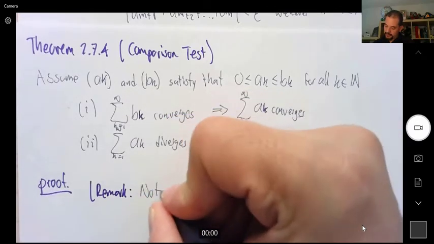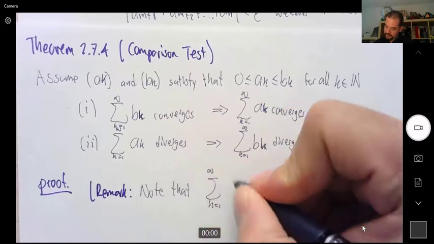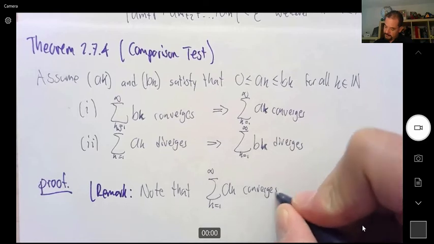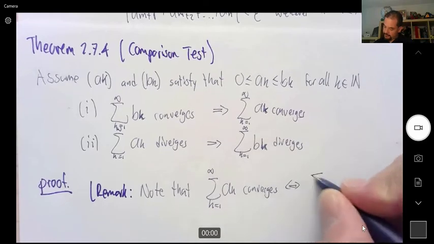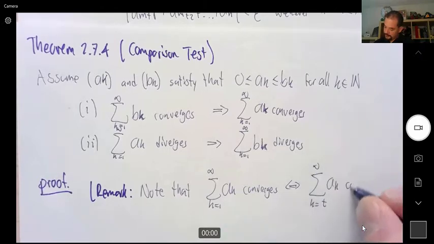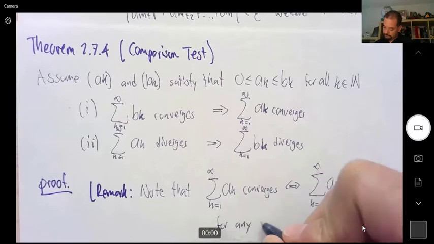Note that the series from this converges if and only if the series starting wherever you want, at t, converges, for any t greater than or equal to 1.